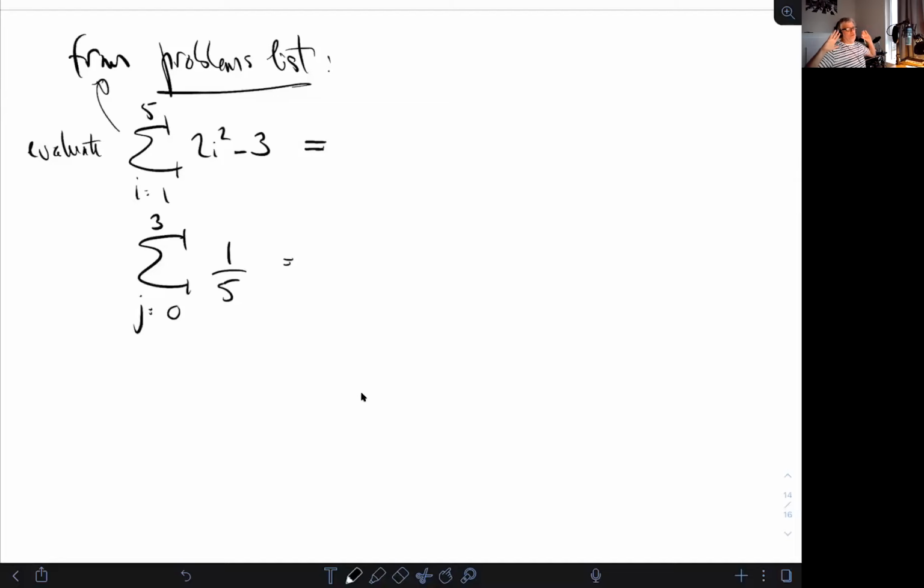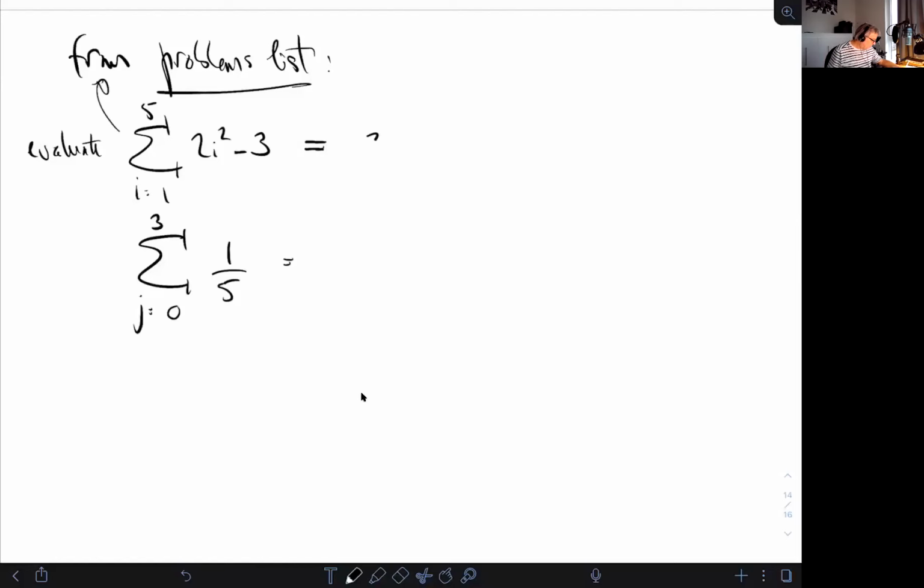It says you have a generic term in which you're going to input the values of the index between the value you see at the bottom and the value you see at the top. So here in the first example, i goes from 1 to 5, so it means 1, 2, 3, 4, 5. You will substitute into what you're supposed to add, the summand, and you add all of these up.